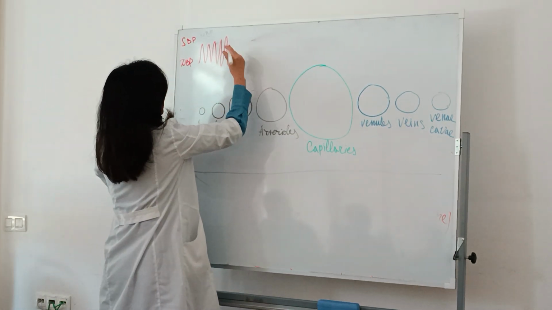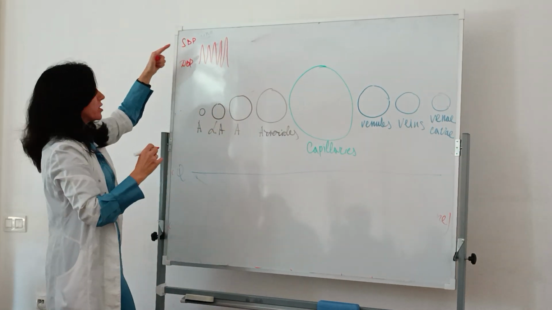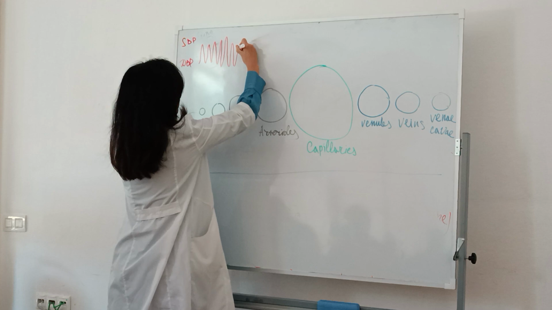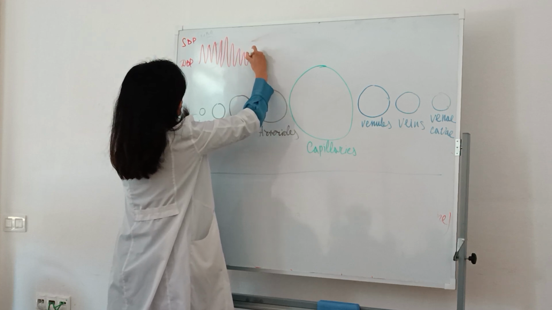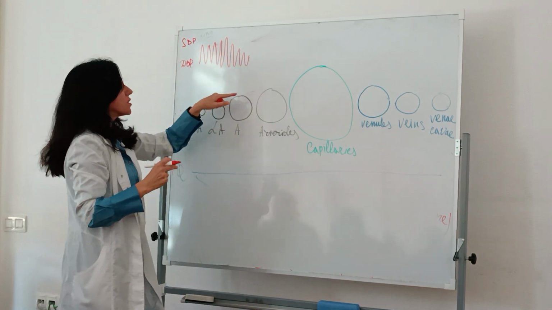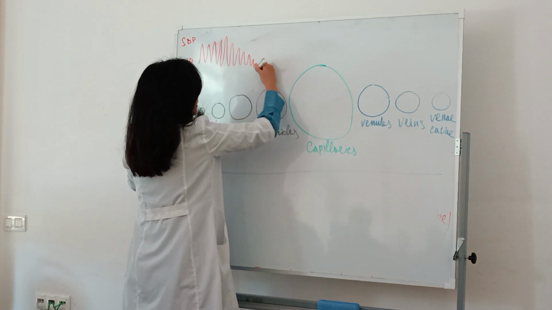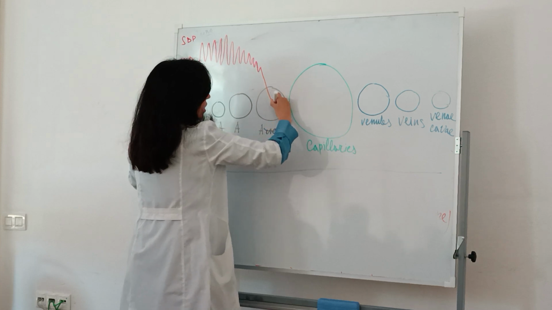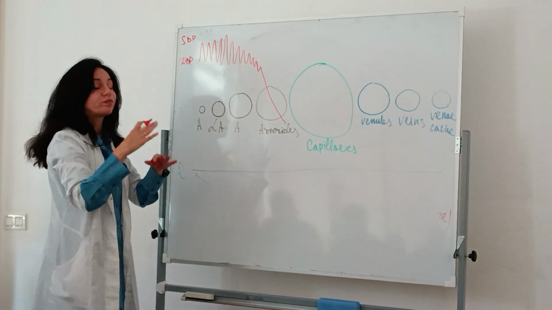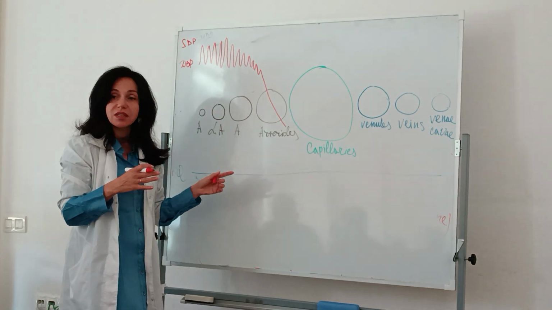Then again a wave of blood pressure with a difference between systolic and diastolic, and then less fluctuation. At the beginning of the arterioles these waves become like one line, and transfer to a line without fluctuations due to the absence of smooth muscle cells in capillaries.